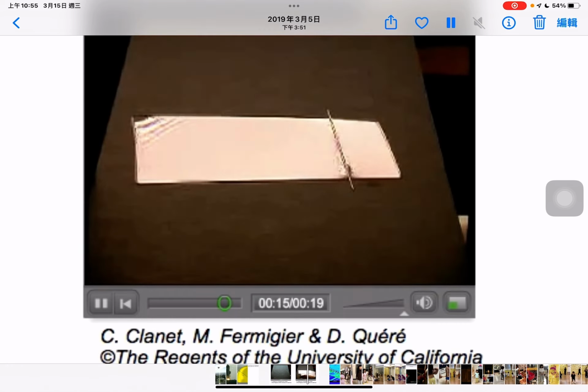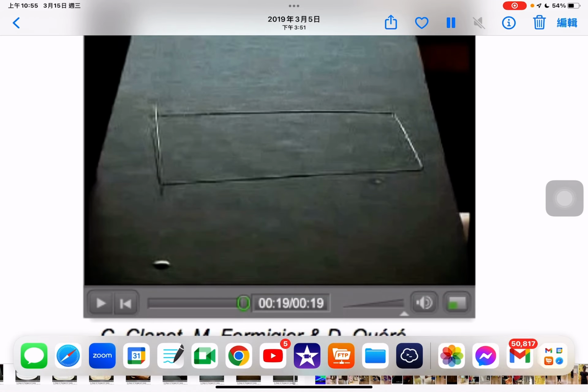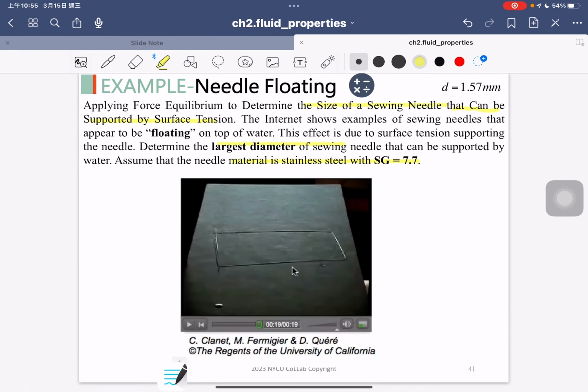So if we go back to our exercise, we want to explain how large the diameter can be, because as the diameter size changes the weight will change also, but the surface tension support is a limit. So we should answer how large a diameter we can support.